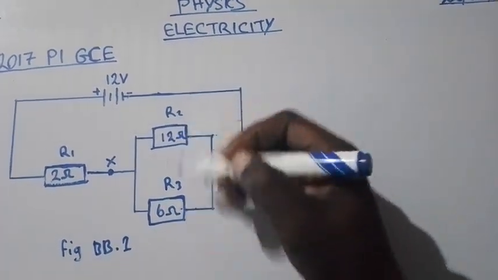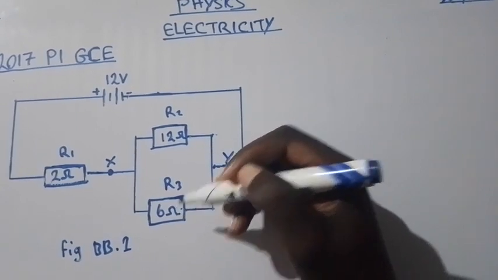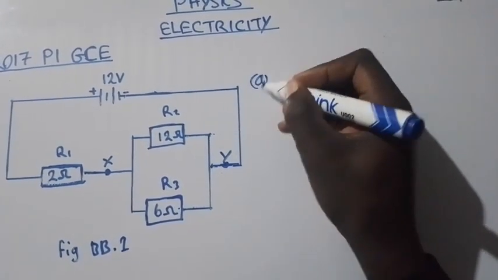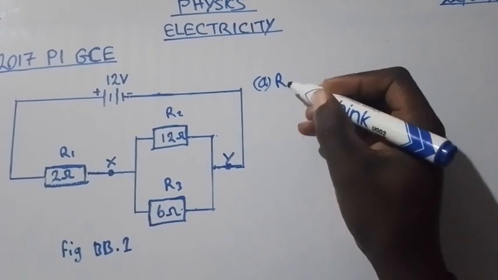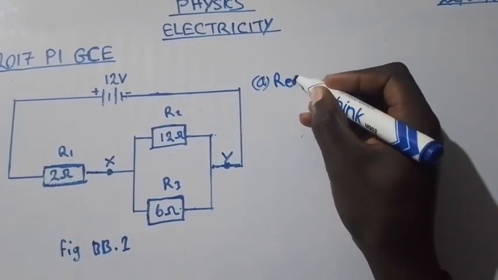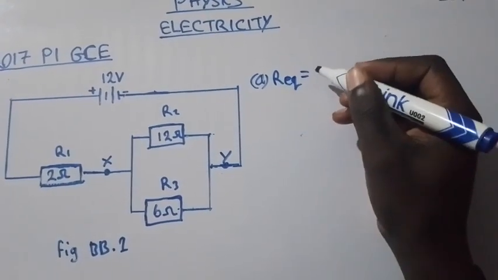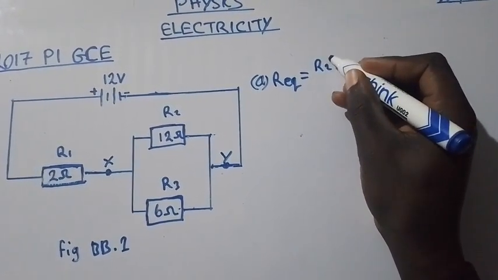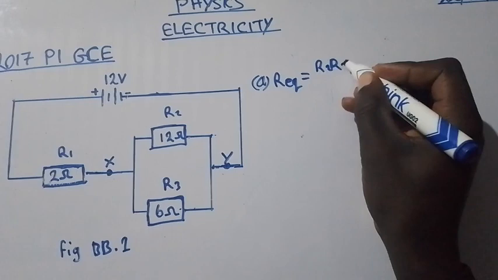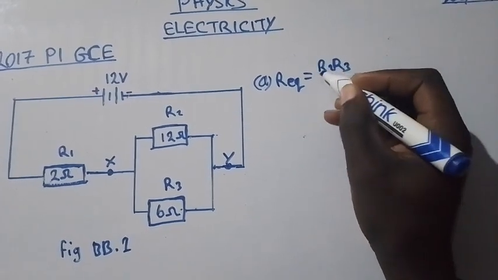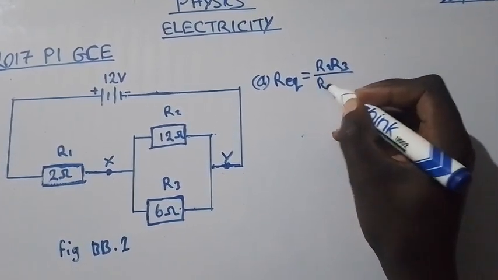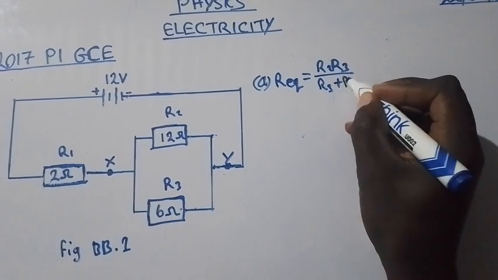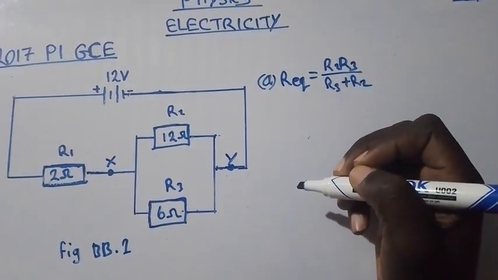Since we have two resistors that are connected in parallel, our formula will be equivalent resistor equal to resistor 2 times resistor 3 over resistor 3 plus resistor 2.